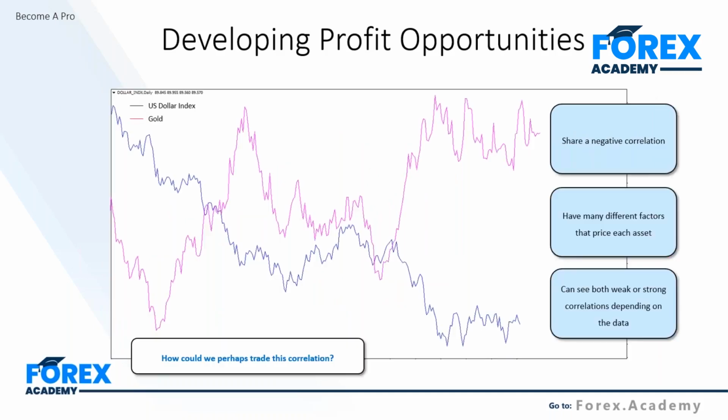And again, we're looking to develop profit opportunities here, going back to our negative correlation between the US dollar index and the gold market. They share a negative correlation and have many different factors that price each asset. We can see both weak or strong correlations depending on the data. Okay, so what possible trade could you look to get across these markets?